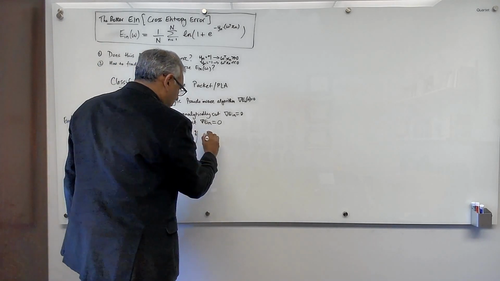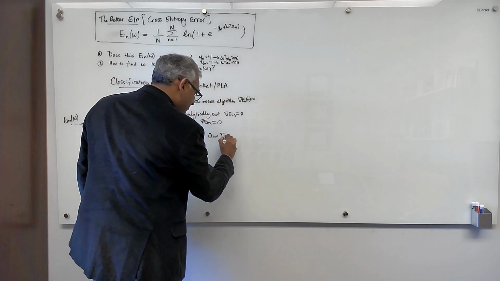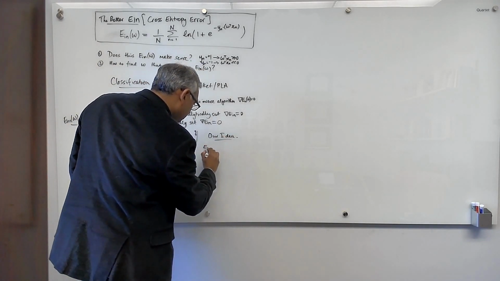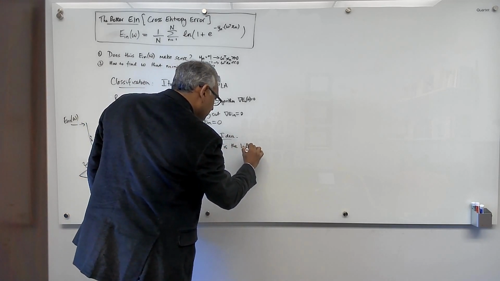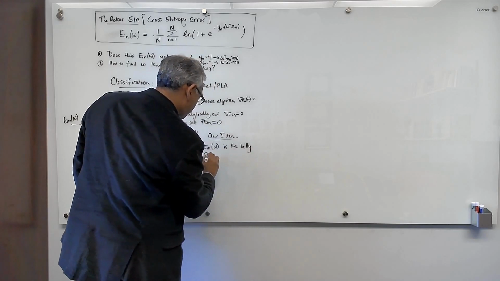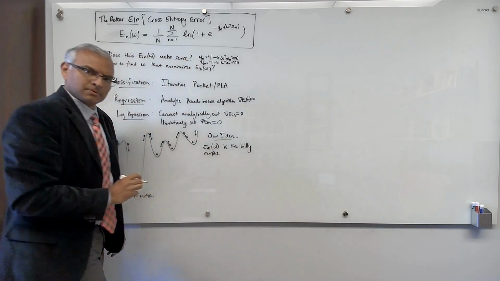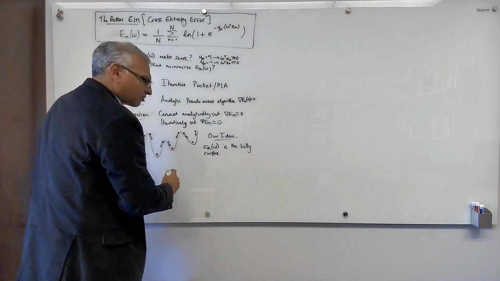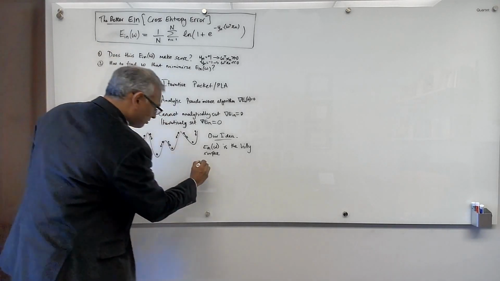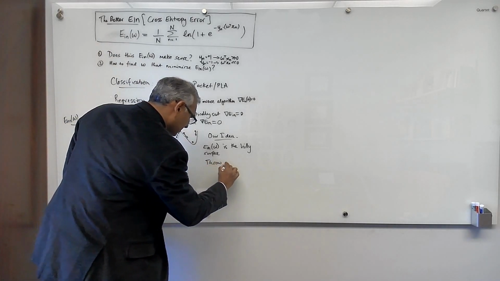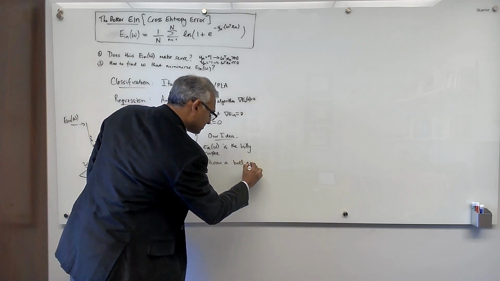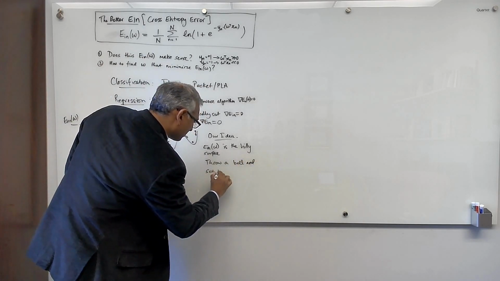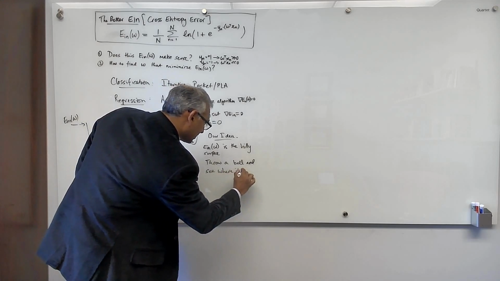So our idea: E in of W is the hilly surface, and we're going to throw a ball and see where it ends up.